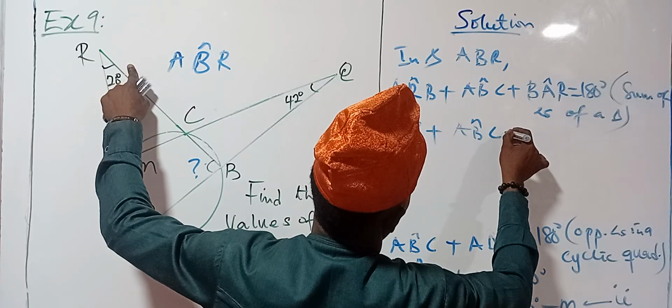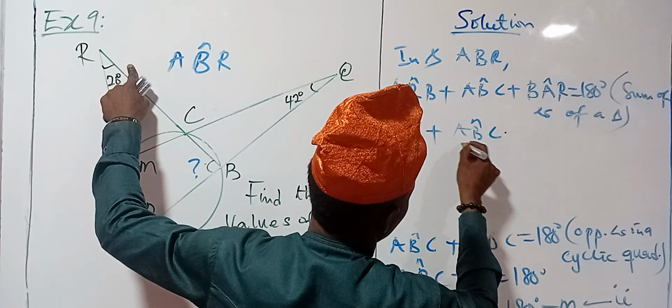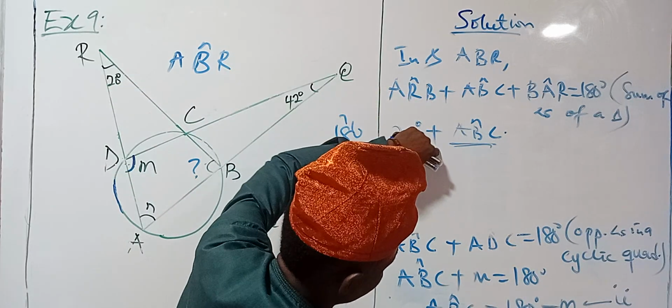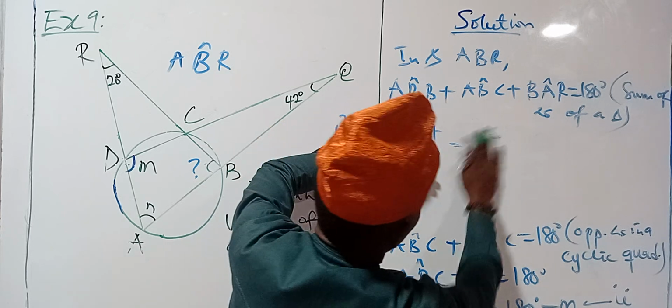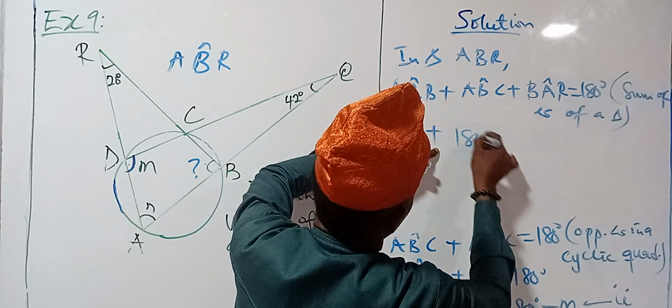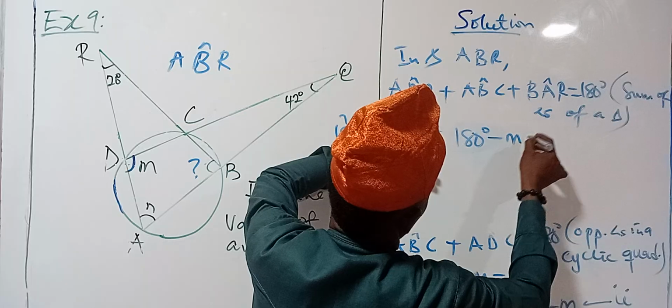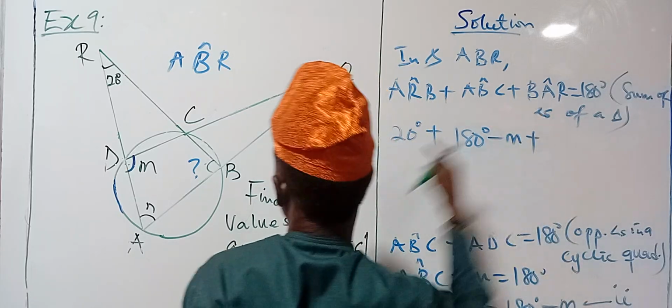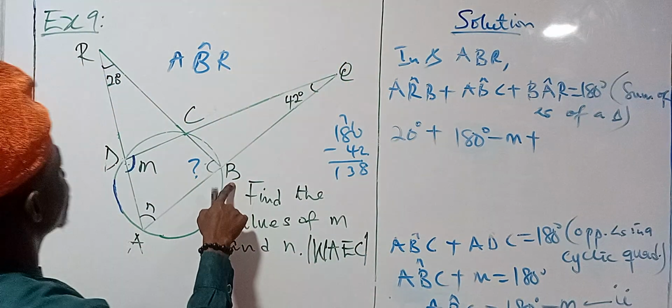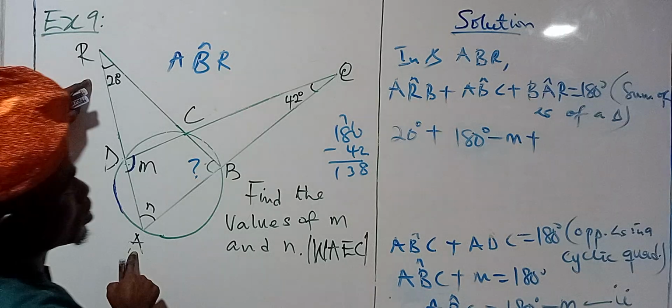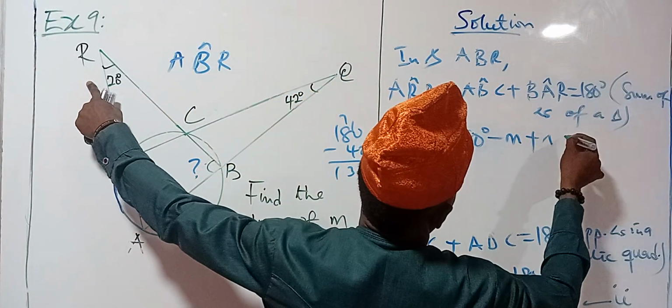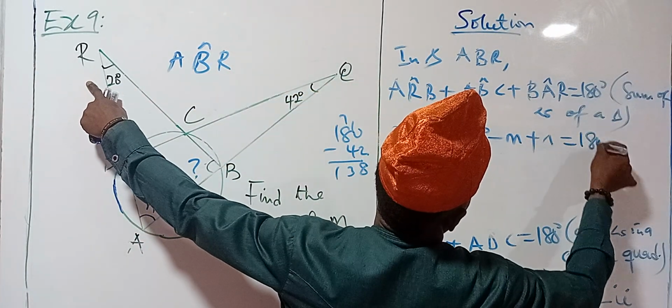Don't forget that our angle ABC is already 180 degrees minus N, plus the last one, angle BAR, which is M, then equals 180 degrees.